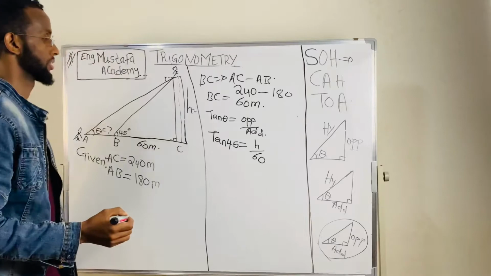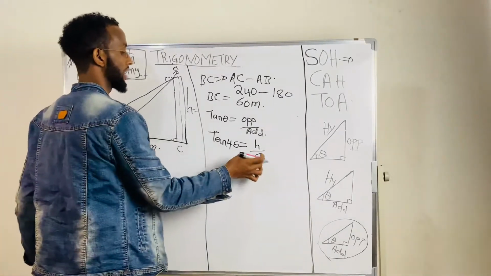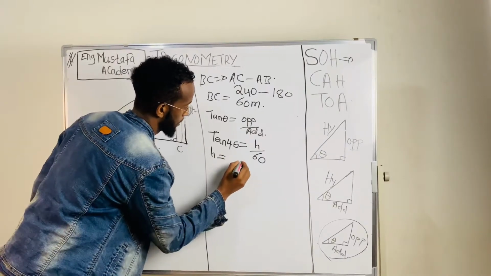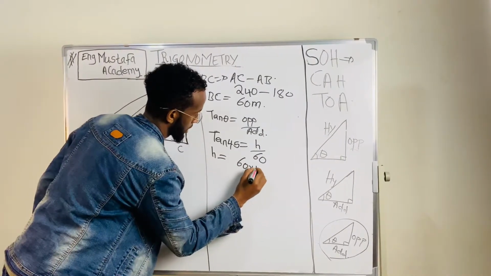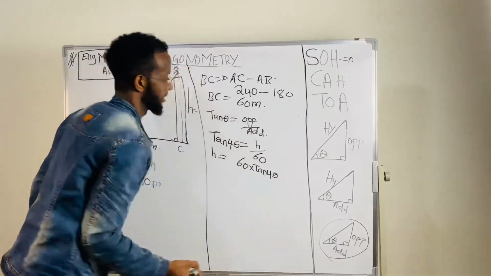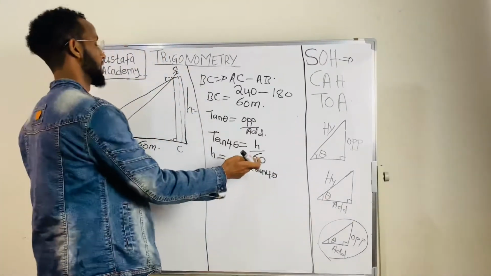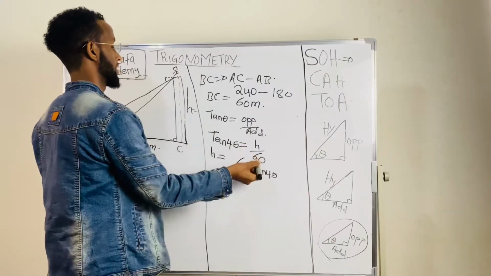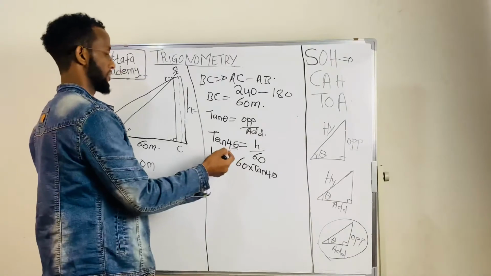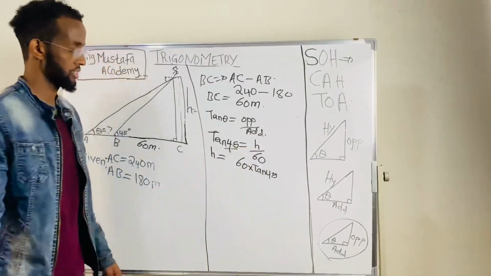Very good. Then how can we find h? We can find h by saying 60 times tan of 45. Take this one or cross multiply; this one will go to that side. And here we have denominator 1 times h, which is still h.